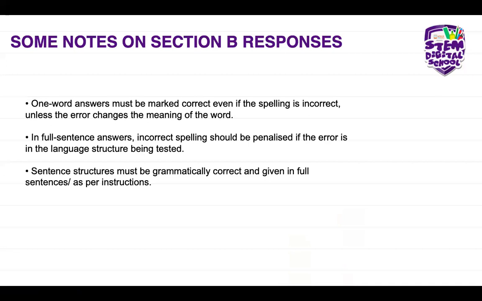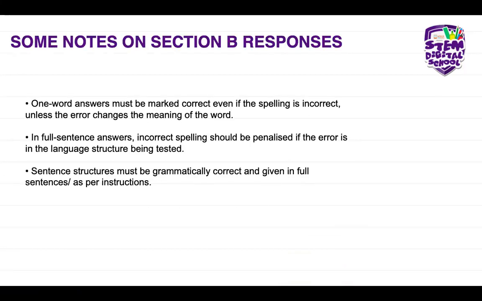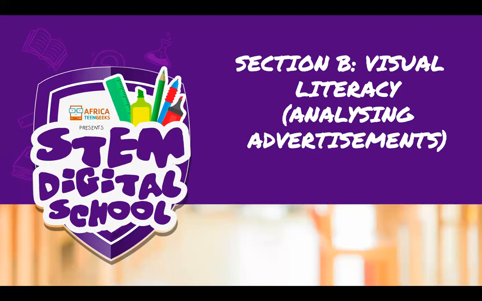But the thing is, from section B going forward, that's where we actually really look at a lot of things, right? But I think also then section C is what we're going to be looking at in particular here again, which is what's this? The advertisement, okay, the visual literacy.